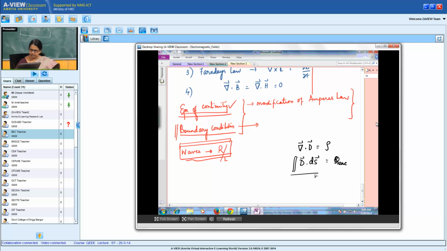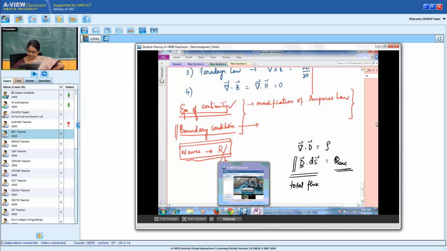In that sense, the total flux and the total charge enclosed are dimensionally the same. But flux density is telling you how much is the flux per unit area. In that sense, they are different. For any given surface, if I know the flux density, I can calculate the flux through any surface.